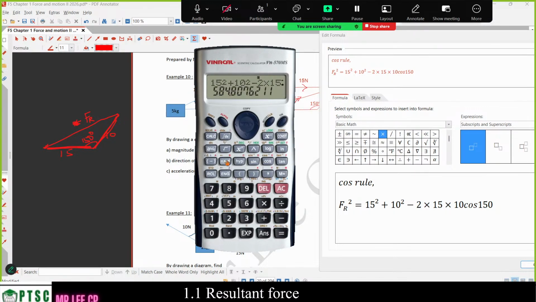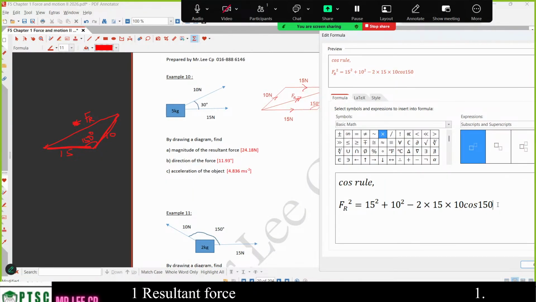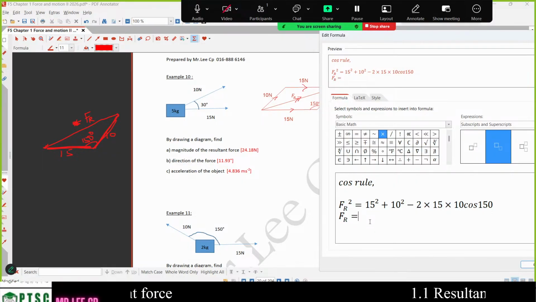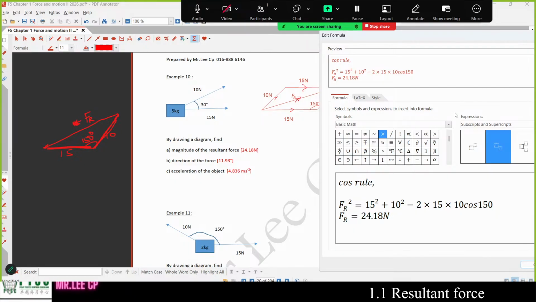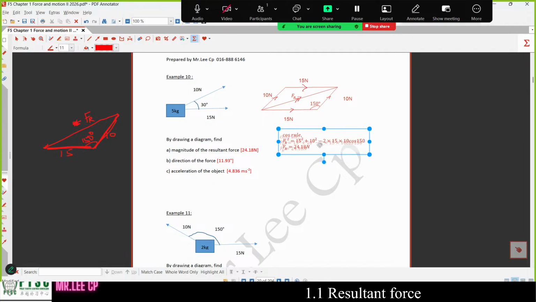This one is squared, so I need to square root, to get 24.18. Unit Newton, 24.18, yeah. Using the cos rule.